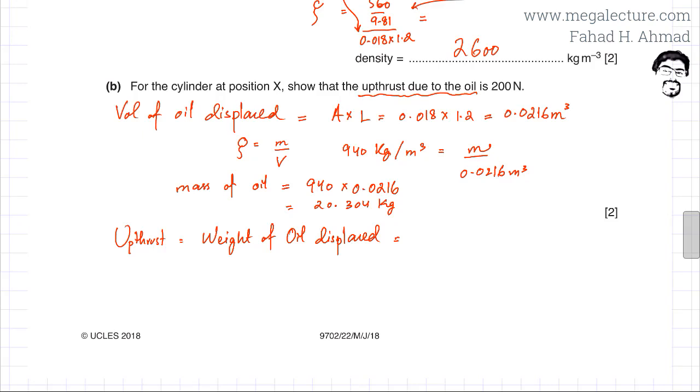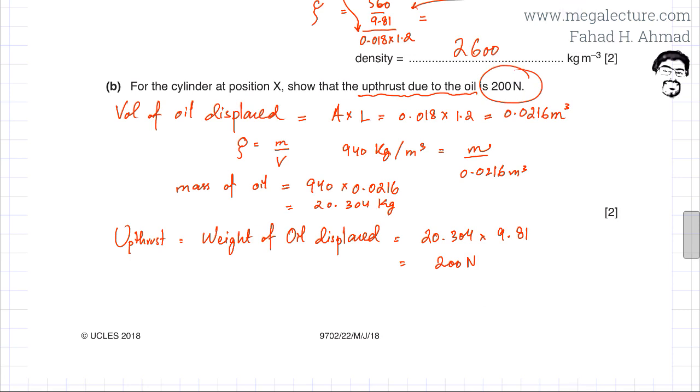Now upthrust is equal to the weight of oil that has been displaced. We know the mass of oil is 20.304 kg. So the weight would be mg, with the mass 20.304, multiplied by gravitational field strength, which is 9.81 meters per second squared. So my answer would come out to be approximately equal to 200 newtons. So this would be my upthrust, and this is how I've proved it's equal to 200 newtons.